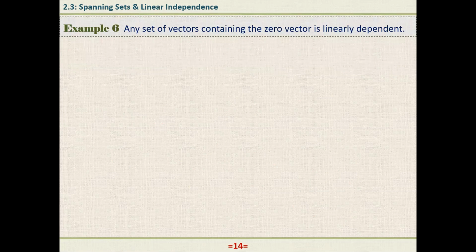Any set of vectors containing the 0 vector is linearly dependent. Why is it so?